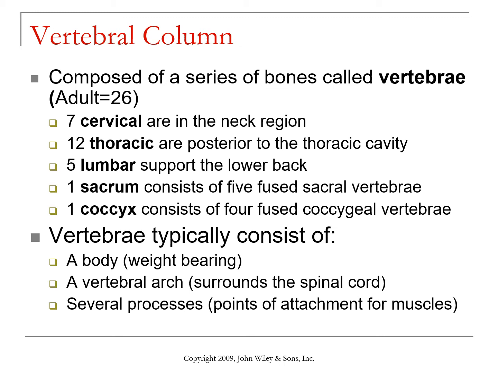There's a vertebral arch, which is formed by processes extending from the body, and together they form what's called the vertebral foramen, which is a passageway for the spinal cord. And then we have several processes: the spinous process posteriorly, the transverse processes off to the side. These act as attachment points for muscles and ligaments. Let's see one on a diagram.